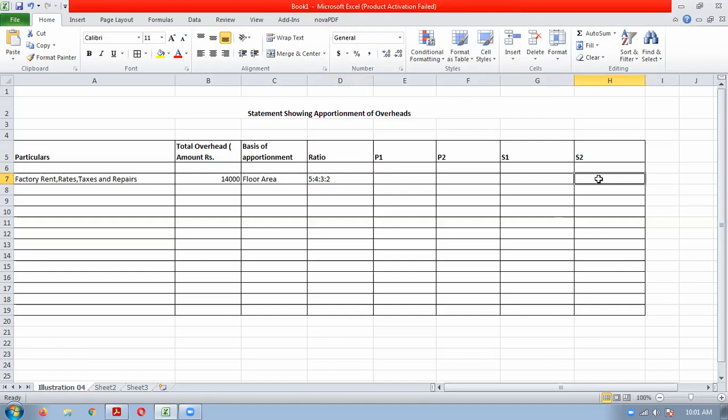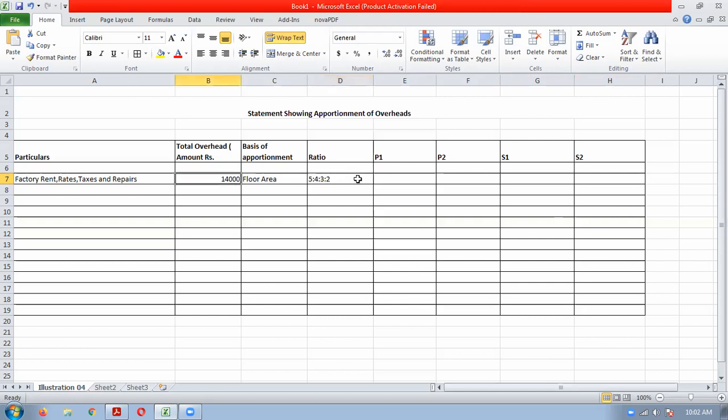Ratio, you know how to calculate: 5 plus 4 plus 3 plus 2. How much will it be? 14.